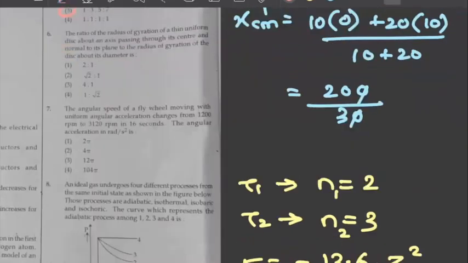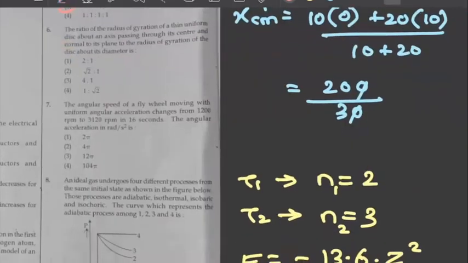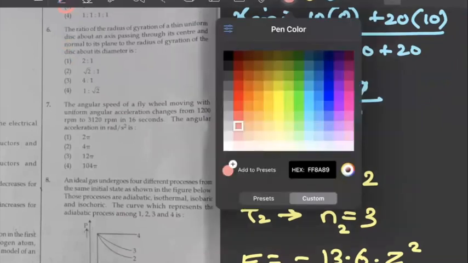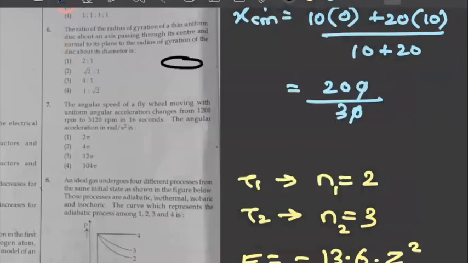So the next one is the ratio of the radius of gyration of a thin uniform disk about an axis passing through its center and normal to its plane. So let me draw a diagram. So just draw it here. So this is my disk. This is the axis passing through center and normal to the plane.